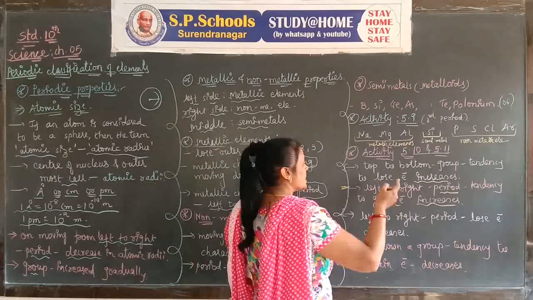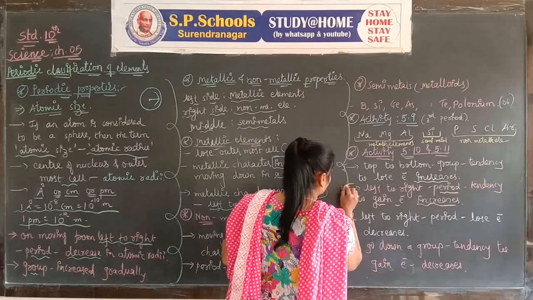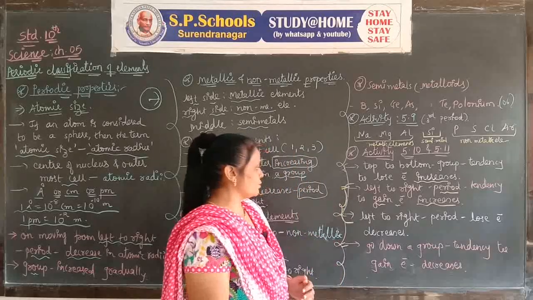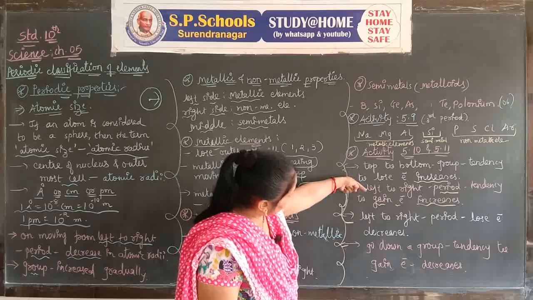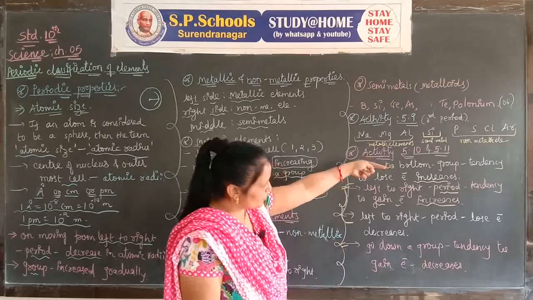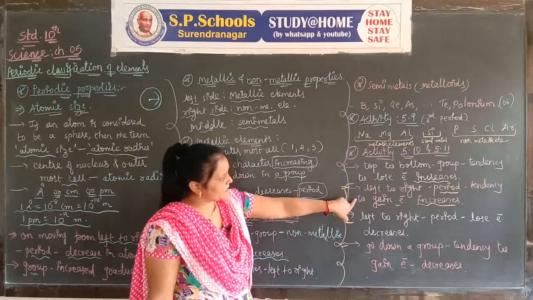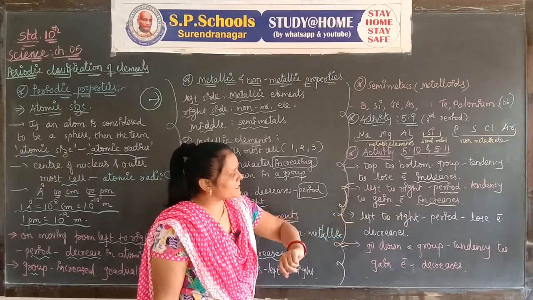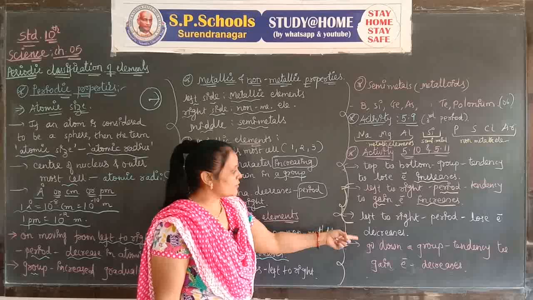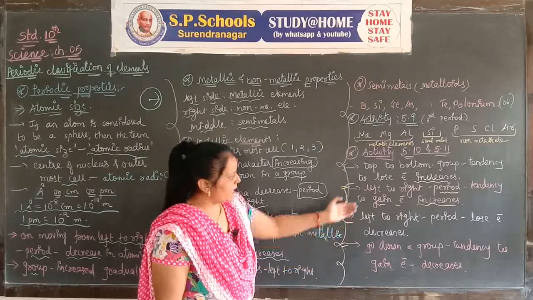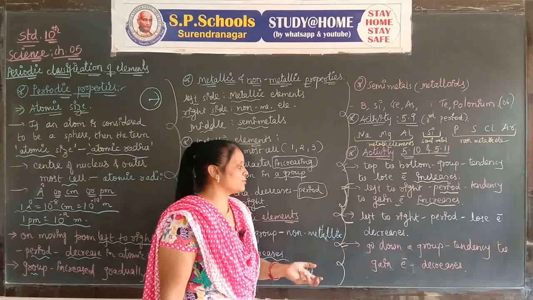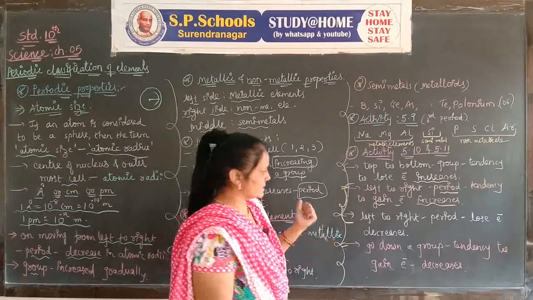As we know, these can be combined to show the difference. When we go left to right in a period, the tendency to gain electrons increases. When we go left to right in a period, the loss of electrons decreases. Simply, if the gain of electrons increases, the loss of electrons decreases.